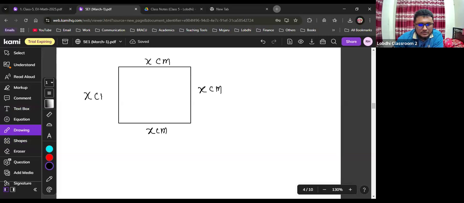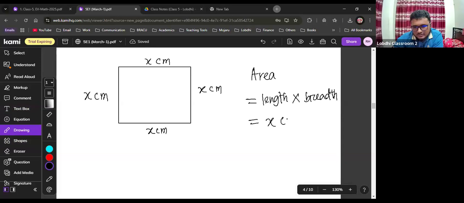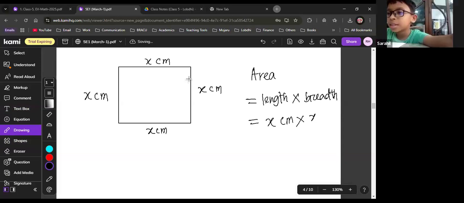Now, if you are required to find the area of this square, area will be equal to, what is the length in this square? Tell me. Please tell me what will be the length? X. Very good, x centimeter. What will be the breadth? X. Very good, x centimeter.